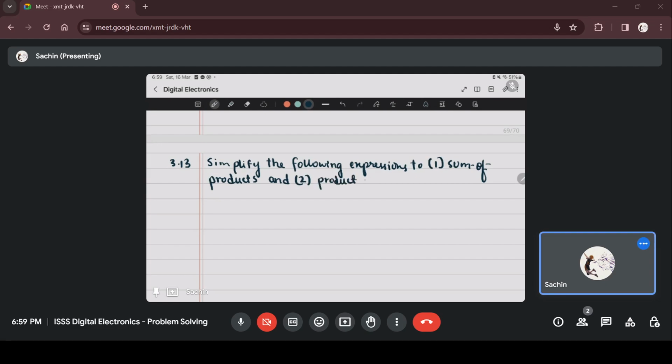Product of sums. First part, x prime z prime plus y prime z prime plus yz prime plus xy.